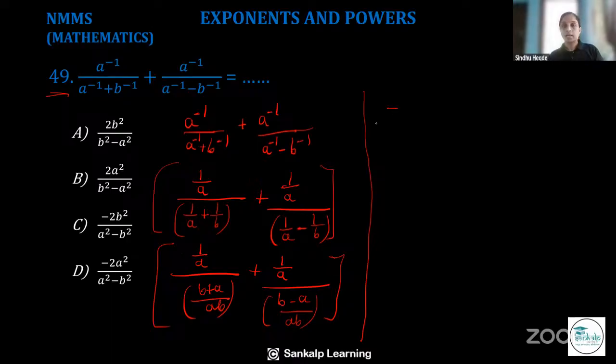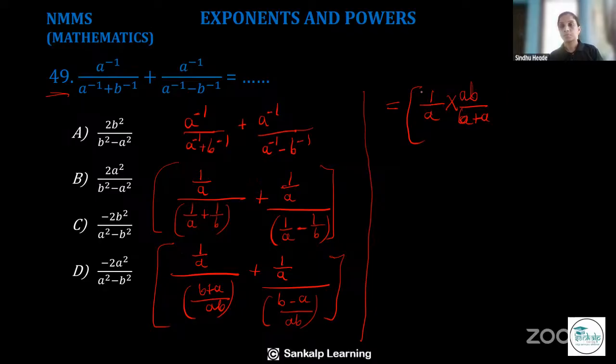Next term I will write here. So take this denominator term and multiply it with the numerator, so it becomes reciprocal. So 1 by a is our numerator, denominator contains b plus a by ab. So this ab goes to numerator and multiplies as ab by b plus a.